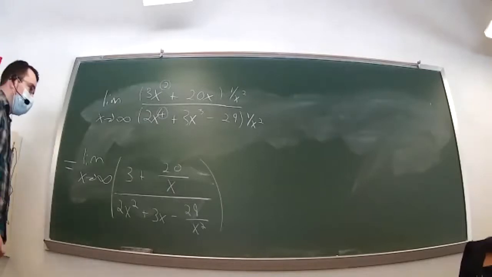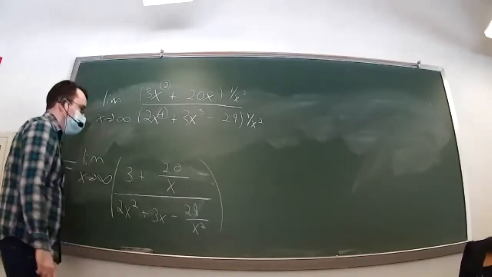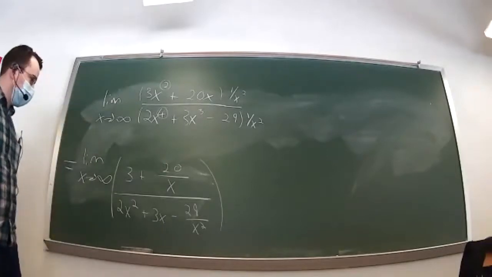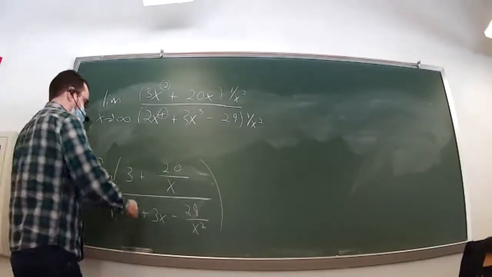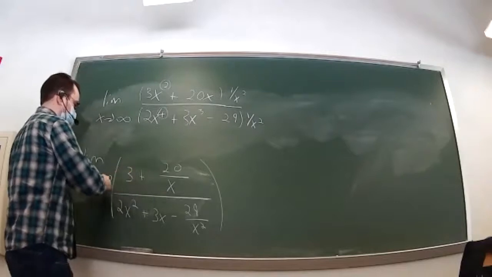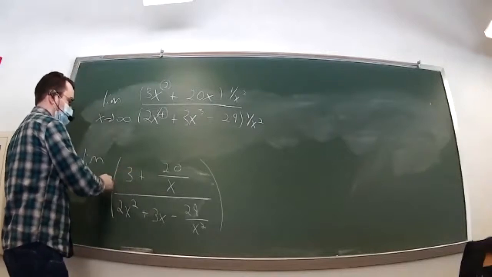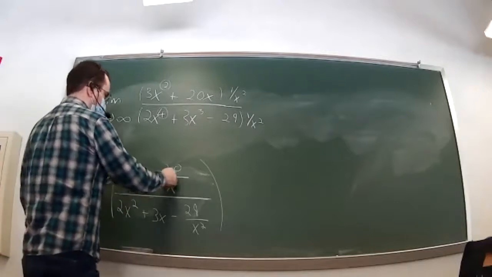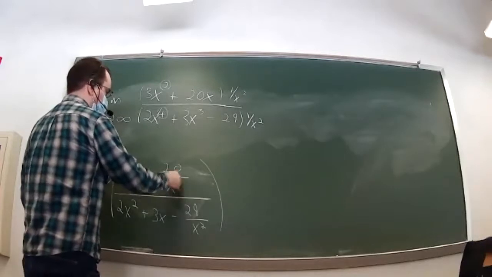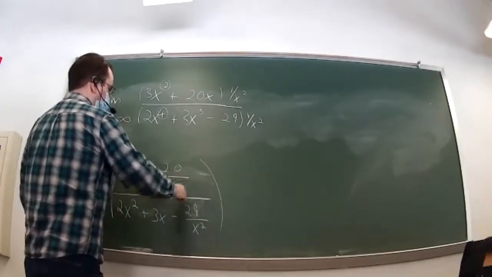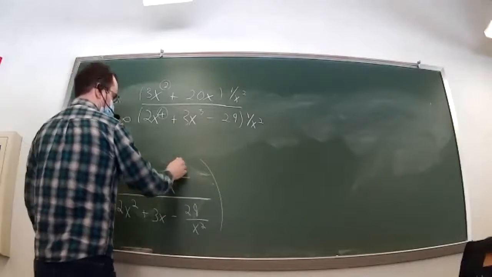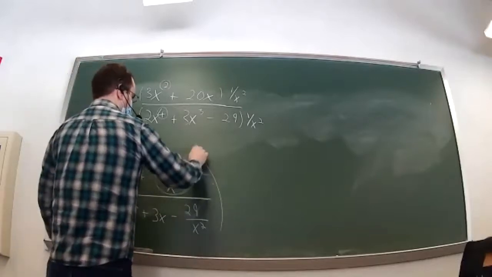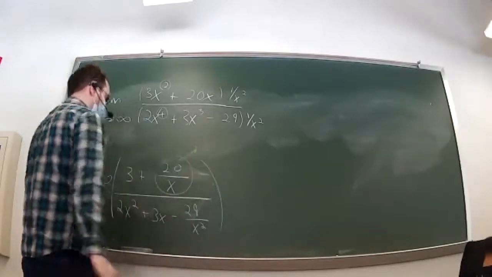Now I can look at this and say what's happening to the numerator, what's happening to the denominator. The numerator is tending towards 3, because as x goes to infinity, I have 3 and I've got 20 over x, but x is getting large, so 20 over x is tending towards 0.